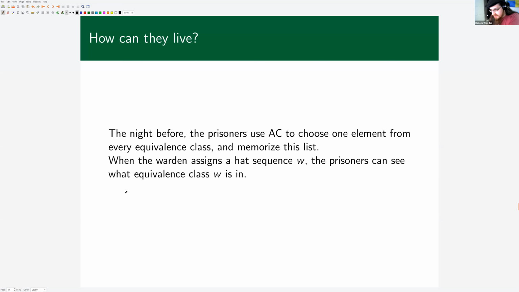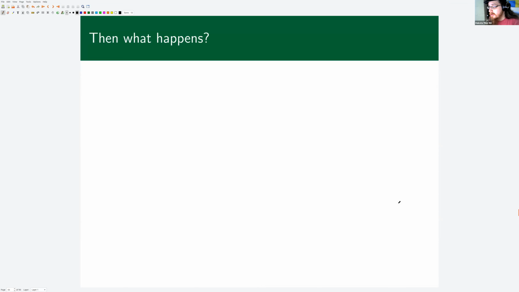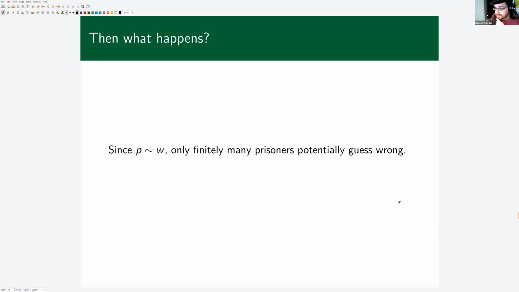The prisoners can see what equivalence class W is in. So they guess according to whatever sequence in the equivalence class they memorized, that they call P for prisoner. And then we'll see what happens, right? What happens is that because it's in the equivalence class of the one the warden chose, it differs from whatever the warden chose in only finitely many places. It might be a large finite number, sure.